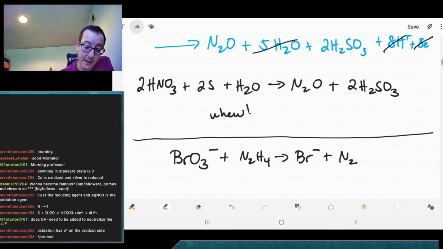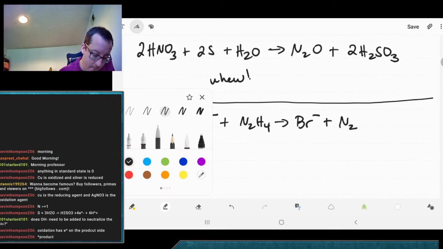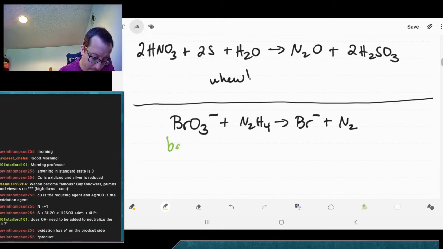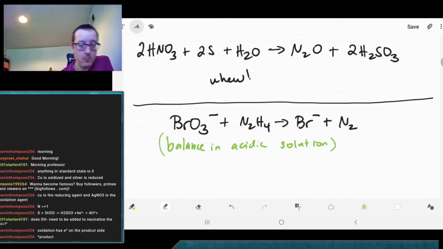So let's balance this in acidic solution. Hopefully this one we can see the half reactions pretty easily.